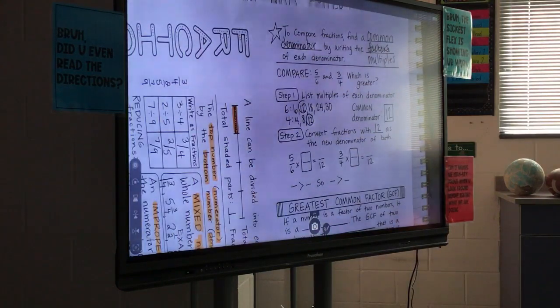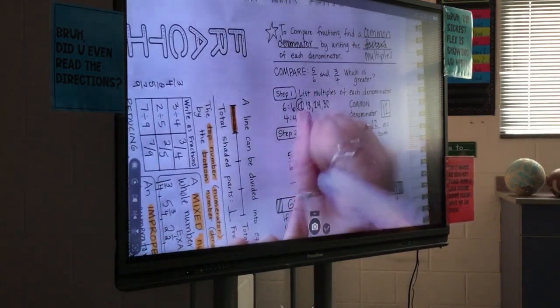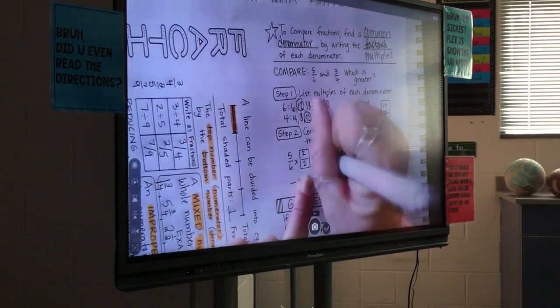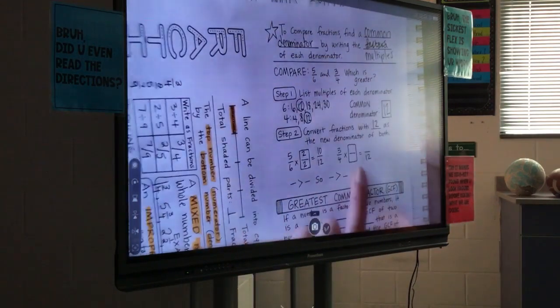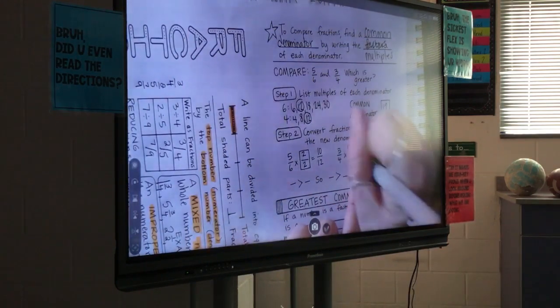What do we multiply 6 by to get 12? 2. Which means I have to multiply the top by 2. So we have 10/12. What do we multiply 4 by to get 12? 3. Which means I have to multiply the top by 3.